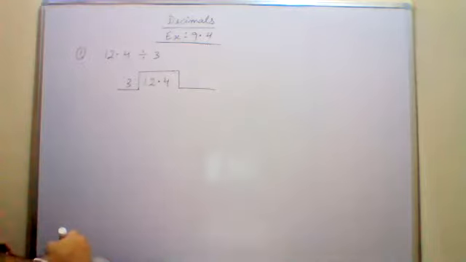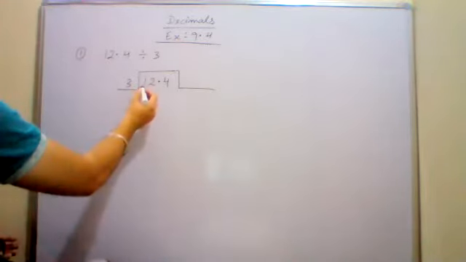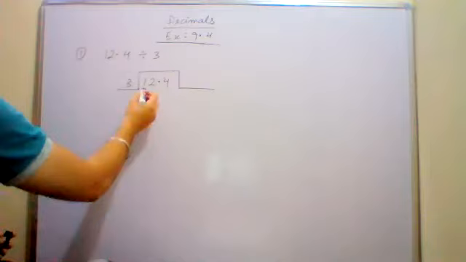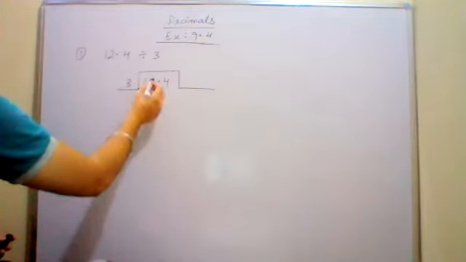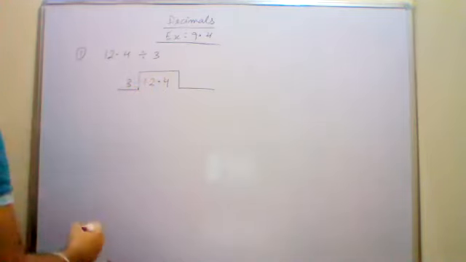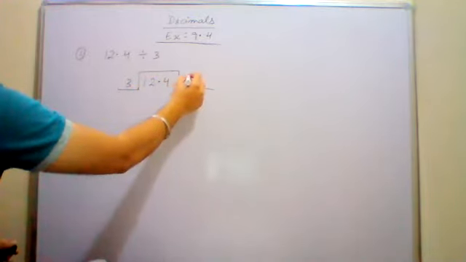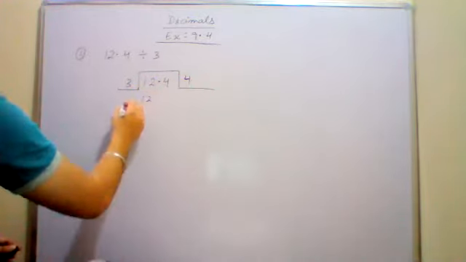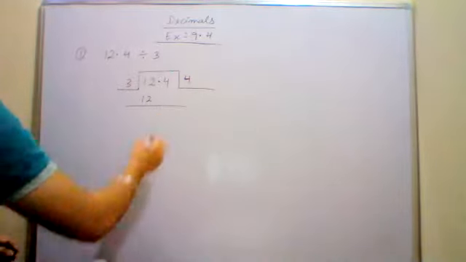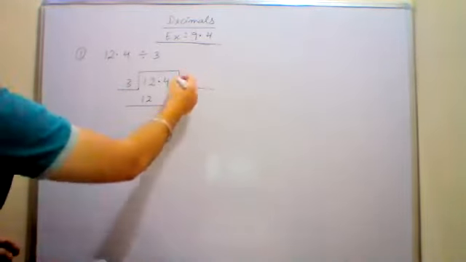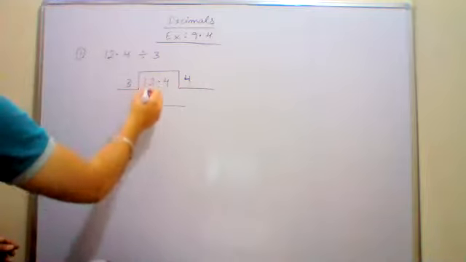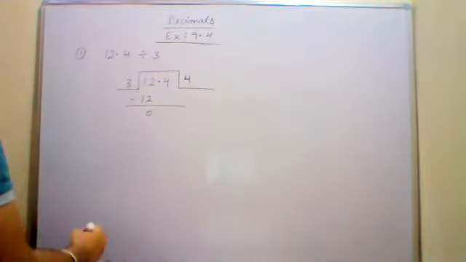Very simple concept. So 1 is smaller than 3, so you will take 2 digits. The number becomes 12. Now 3 fours are 12. So write 12 here, 4 in the quotient. This is your quotient. 12 minus 12 is 0.